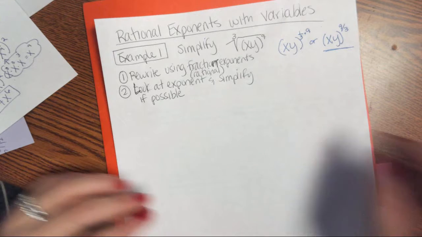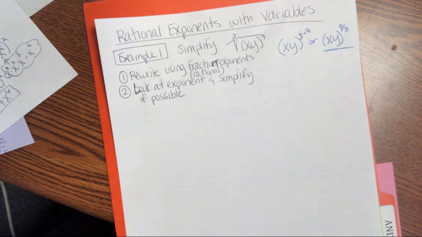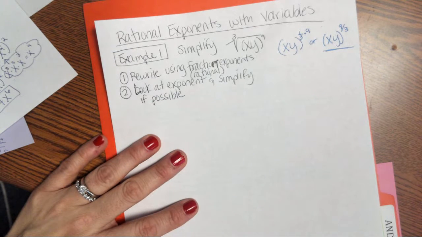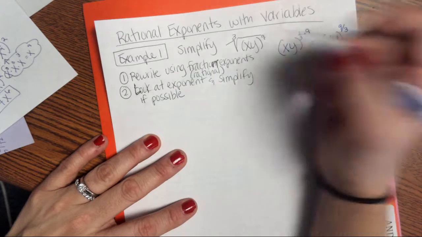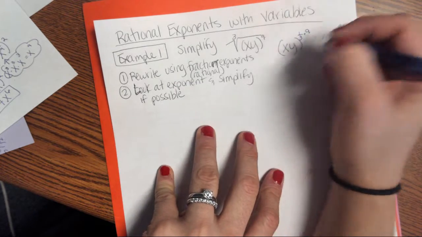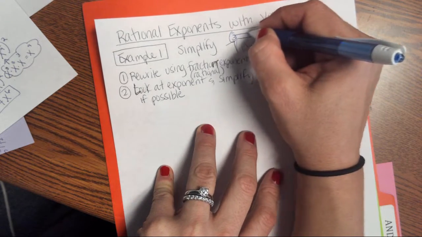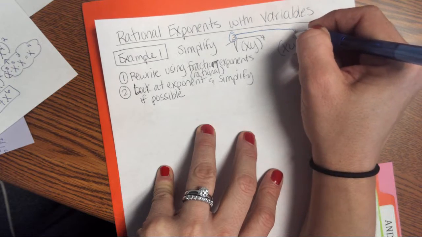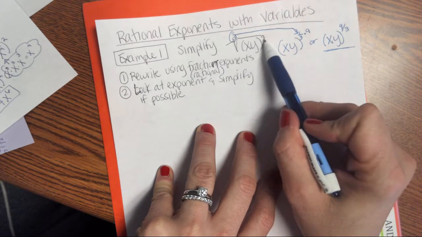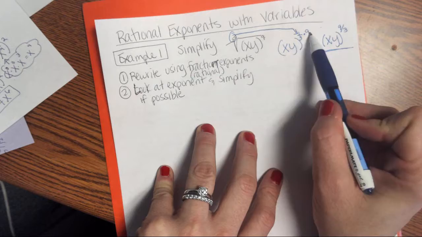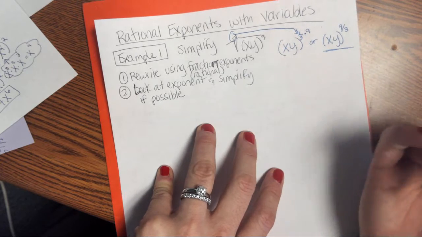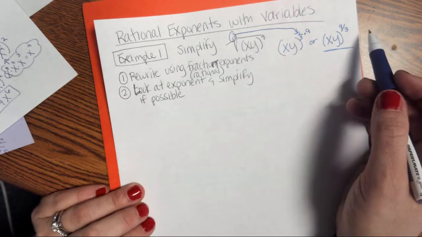I'll give you a little bit of time to write that down. Okay, I think I have to go back and remind you where that 1/3 came from. That 1/3 came from this, and then the whole thing's to the 9th power, so I'd multiply it by 9. You could have done it the other way around, 9 times 1/3, and you still get the same thing.